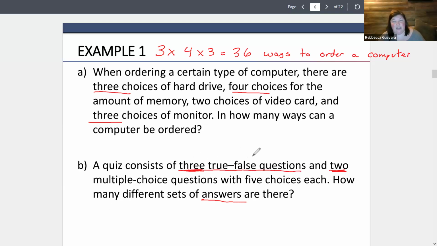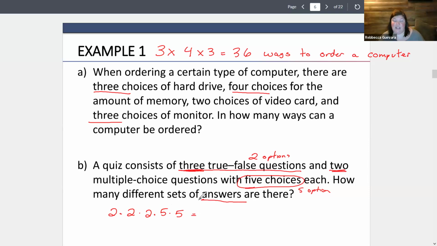If they're true and false, that means there are 2 options. So if I have 3 true and false questions, I have 2 options for the next question, 2 options for the next question. If 2 of my questions are multiple choice with 5 choices, I have 5 options. I have 2 questions that actually have 5 different sets of answers to them.